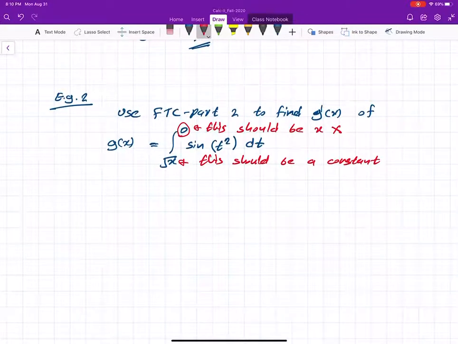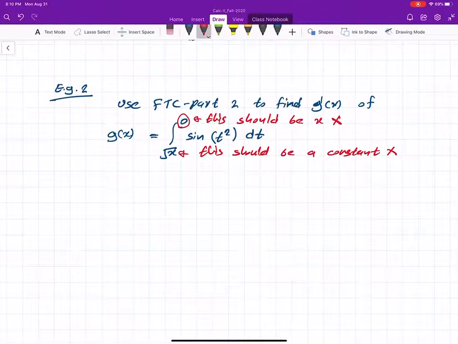The upper limit is not satisfied, and the lower limit is also not satisfied. All right. So we have to arrange the problem such that the limits are satisfied. Otherwise, you won't be able to use fundamental theorem of calculus part 2.